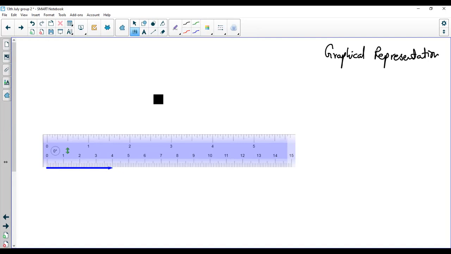Say I not 4 Newton and 3 Newton, I need 40 Newton and 30 Newton. These are large values. How can I present them on the page? For that, I need a scale, where I use a length, like 1 centimeter equals 10 Newton.